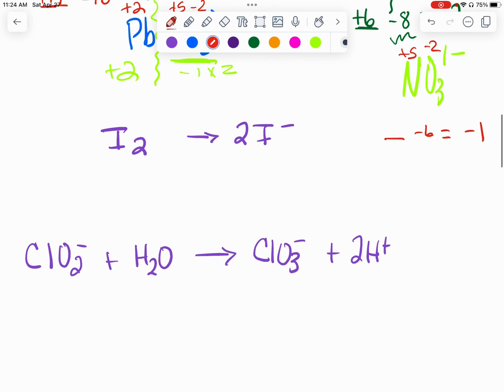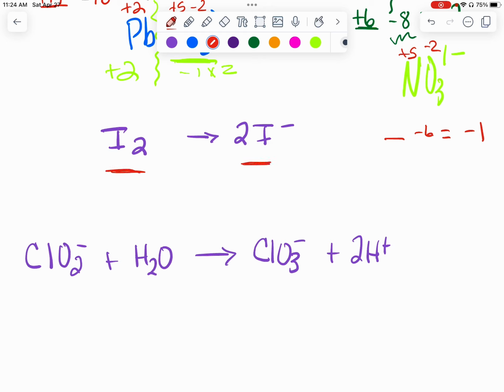Now later on, they're going to give you the following equation, and all you're going to see is this. I2 becomes 2I⁻. They want you to add electrons to the correct side and then decide if it is oxidation or reduction. So the first thing I want you to notice is you do have the correct number of I's on both sides. There are 2 here, there are 2 here.